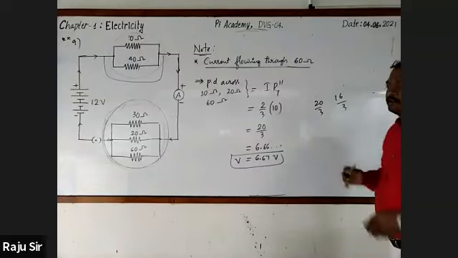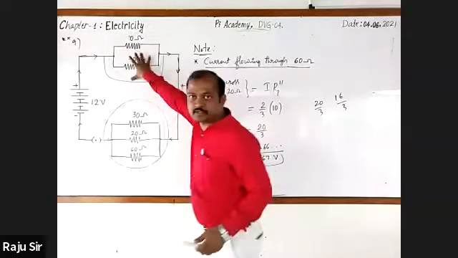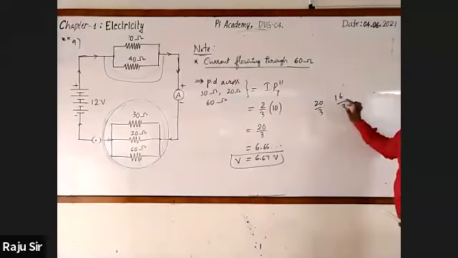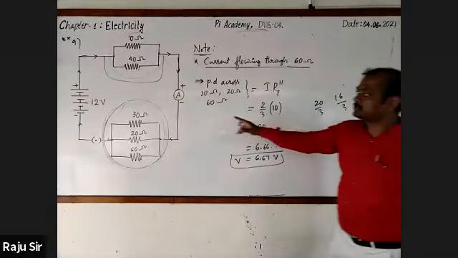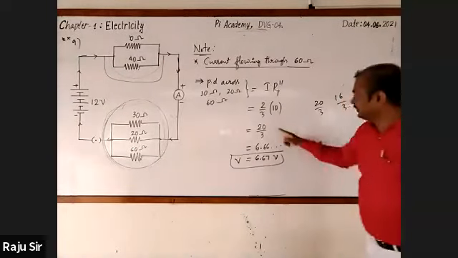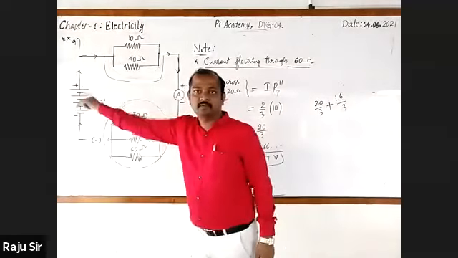Just observe it. Voltage across the first combination is 16 by 3. Voltage across the second combination is 20 by 3. When you add these two, you must get the voltage of the battery.